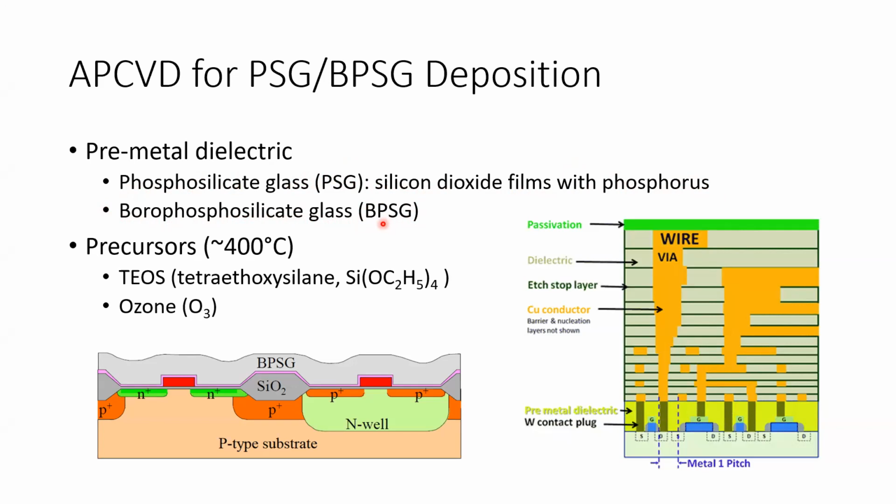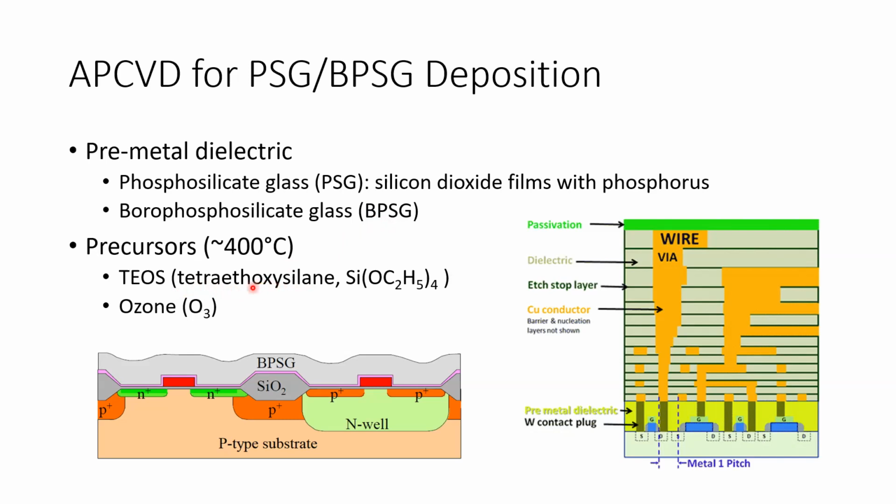So we can use silane. Silane is poisonous, and actually modern IC fabrication uses TEOS, that is tetraethoxysilane.